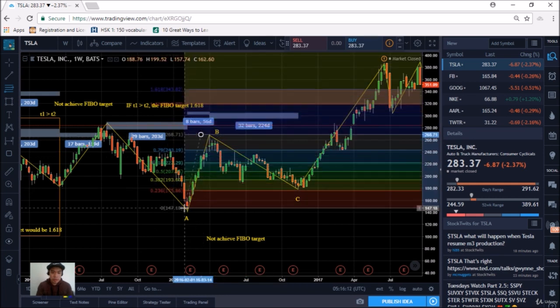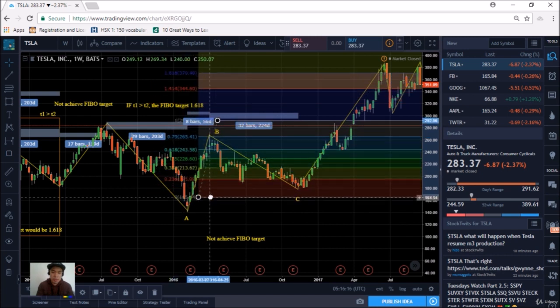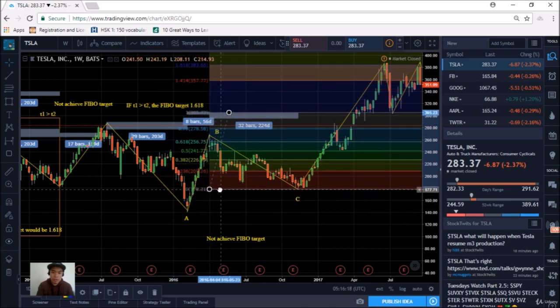This is the distinct high and distinct low. Now the Fibonacci target up is getting easy, and when you move the Fibonacci distinct low from A to C, you can see it achieves its target. When it achieves its target, it makes some small retracement here and goes up again.